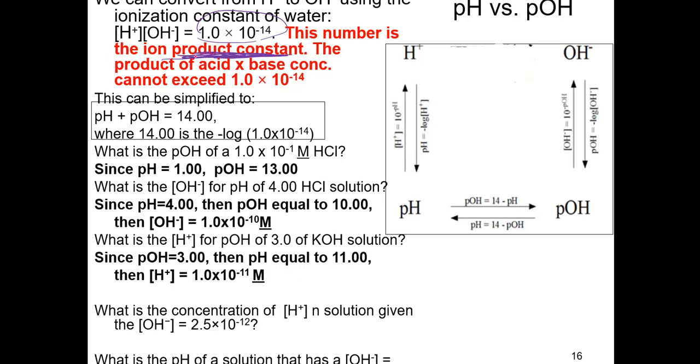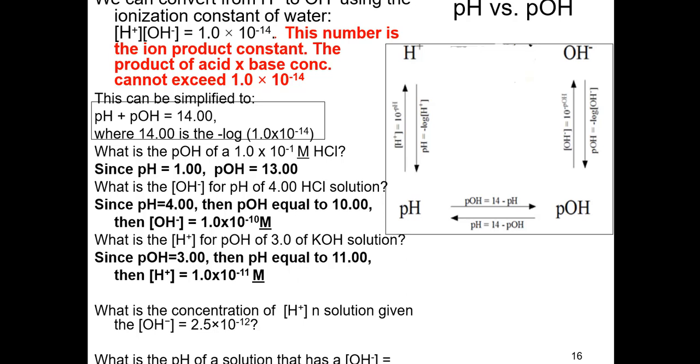So there's always going to be that relationship. Now, we can do some math calculations based on this relationship. And this follows Le Chatelier's principle, where if I had something like 10 to the negative 8 for hydroniums, then automatically I'll have a smaller amount for hydroxides, 10 to the negative 6.